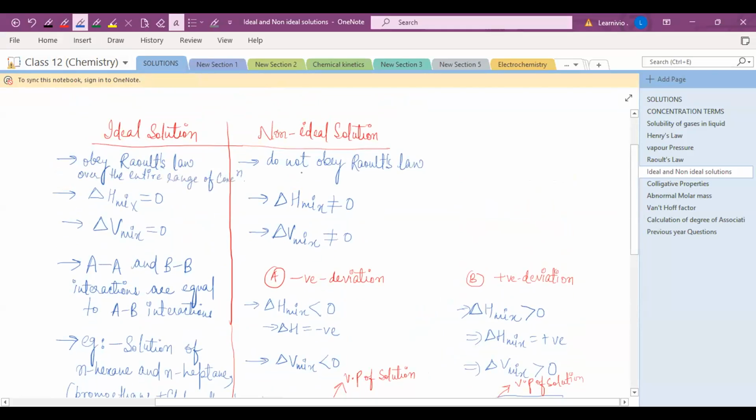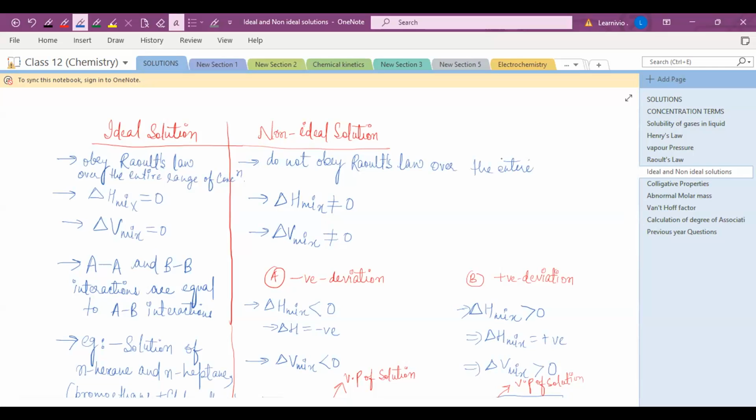And what are non-ideal solutions? Non-ideal solutions do not obey Raoult's law over the entire range of concentration. Means a non-ideal solution will not follow that graph, and will not follow that equation which we have derived, P total equals P naught A and so on.